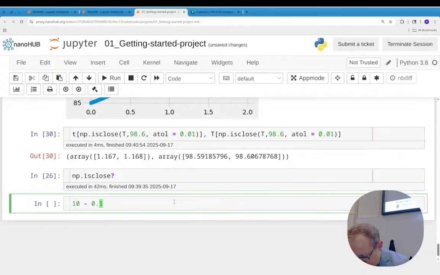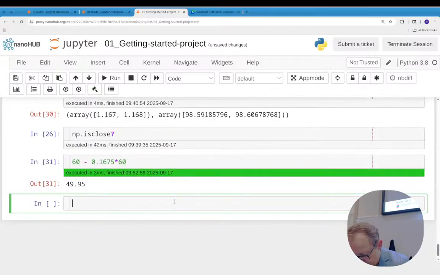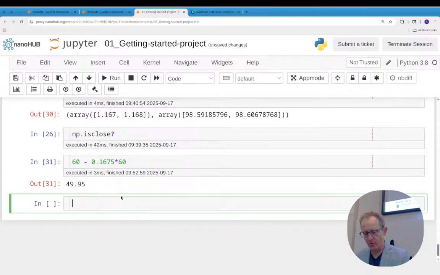And here 0.167, we'll call it 0.1675, right? So 49.95 minutes. I could call it 50 minutes, right?